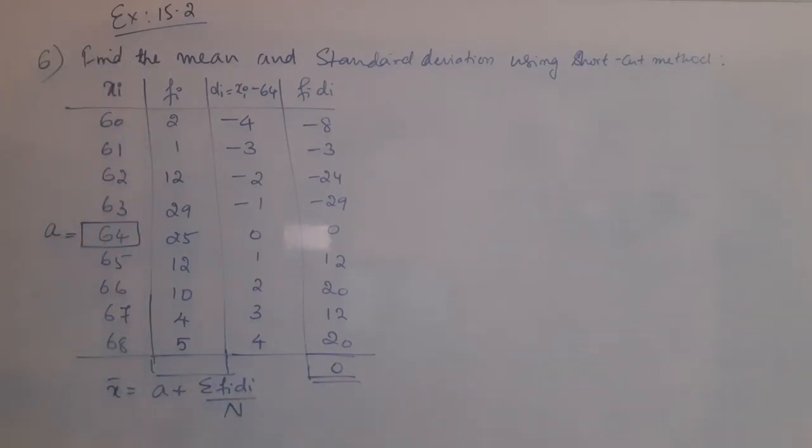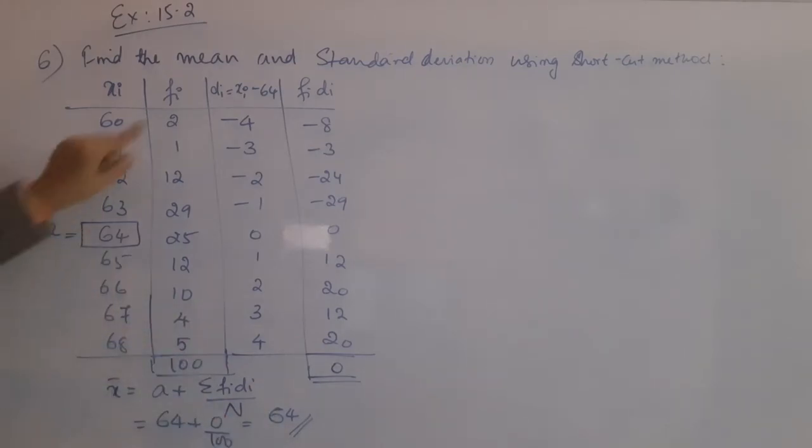That is, sigma fi di is 0. That means the assumed mean will actually act as your x bar. You just substitute the value here. A is 64 plus sigma fi di is 0 divided by N. The total is 100. Anyway, whatever it is, you are getting 64 only, right? But you need this total for finding sigma also. This is clear? So x bar is the same as what you have taken as the assumed mean.